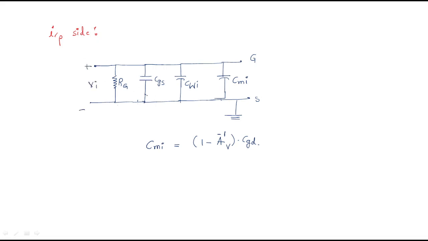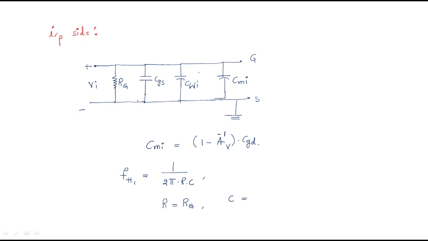By doing the modification we will get a high frequency, FH1. FH1 equals 1 by 2 pi RC. What is R here? R is directly the gate resistance. What is C here? C means CGS, CWI, CMI, all in parallel connection.